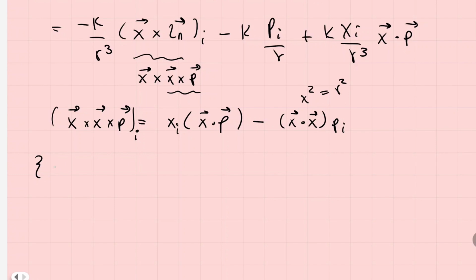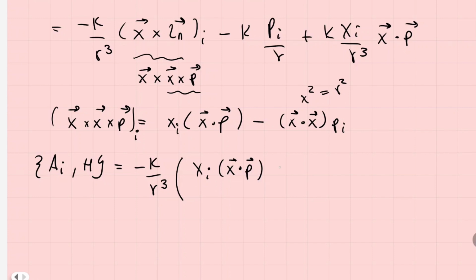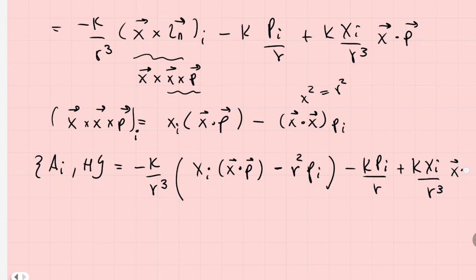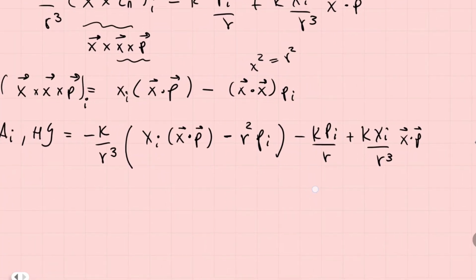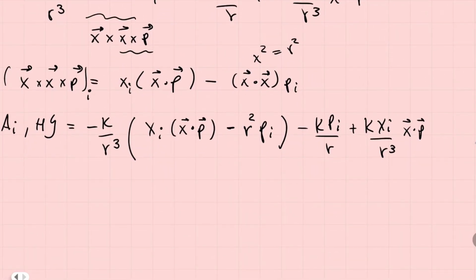So we are going to put this identity in our equation. We are going to get that the Poisson bracket between a and h is going to be minus k over r cubed times xi times x dot p minus x squared pi, and let me write this as r squared pi, minus k pi over r plus kxi over r cubed x dot p. We're about to finish now.